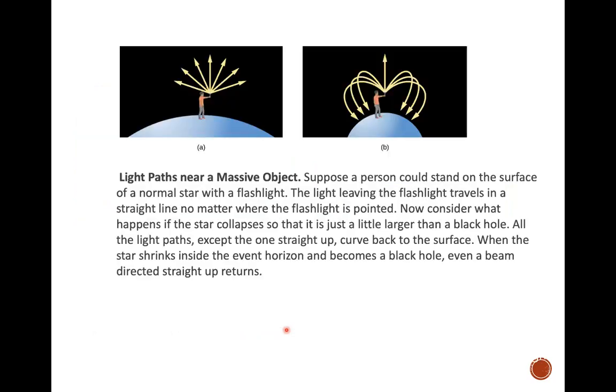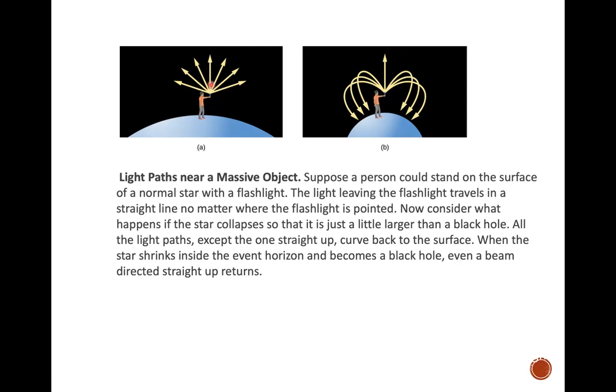So that's an effect of general relativity, and this is also what we explained earlier: what happens to the light due to this particular effect? Now, in these two images, the left-hand image, which I named A, suppose that you have a person that can stand on the surface of a normal star, right?